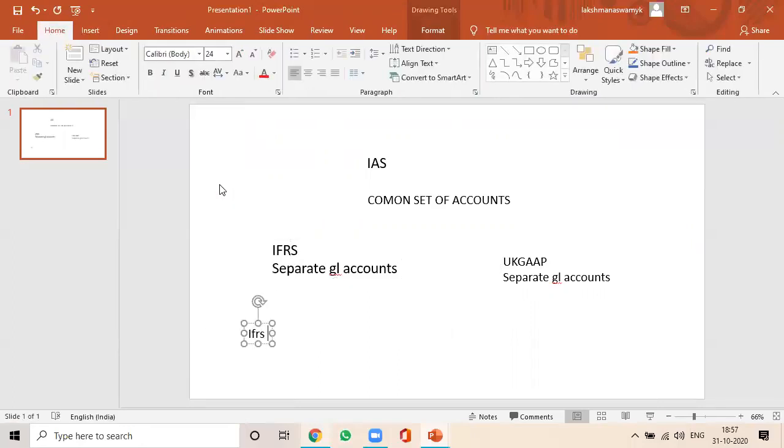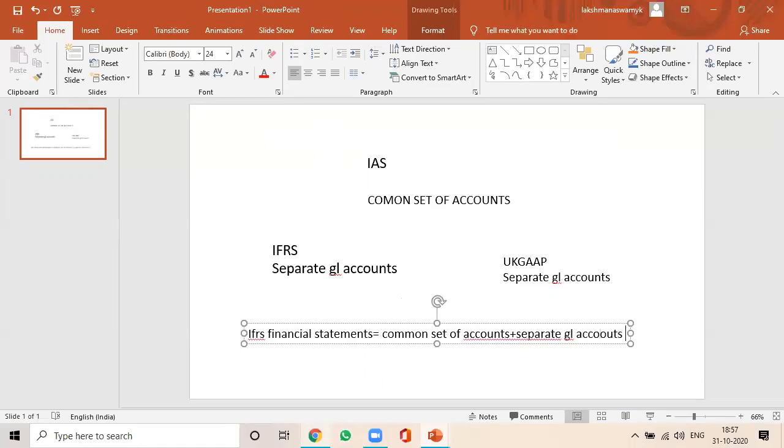IFRS financial statements is equal to common set of accounts plus separate GL accounts as per IFRS. That's all. This is called the account approach.